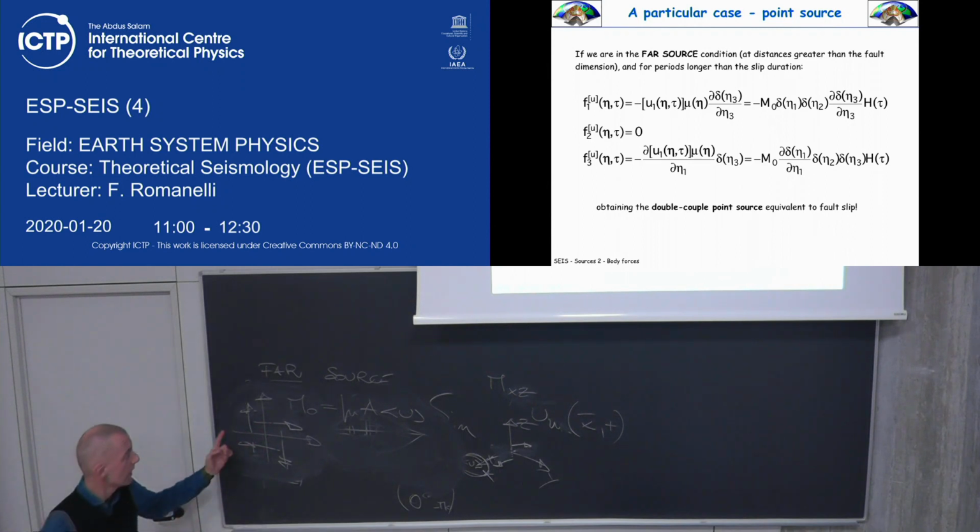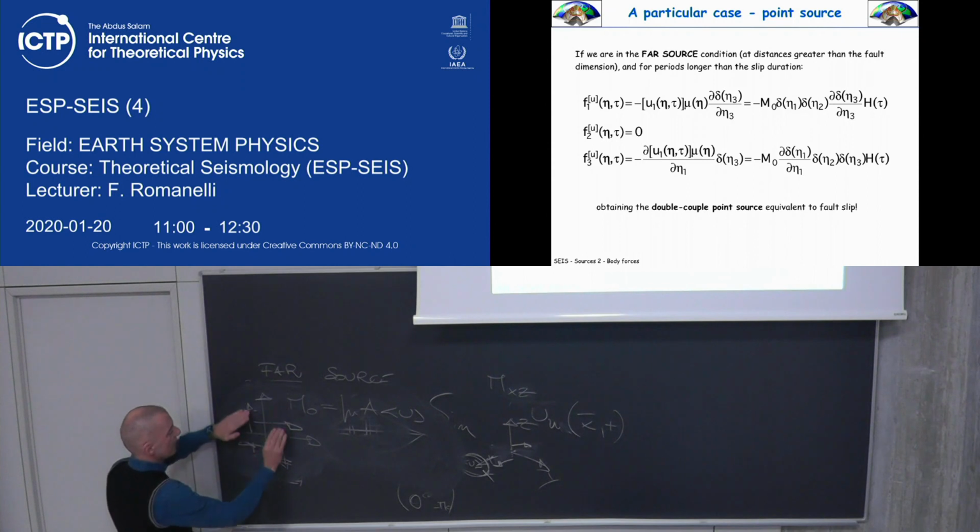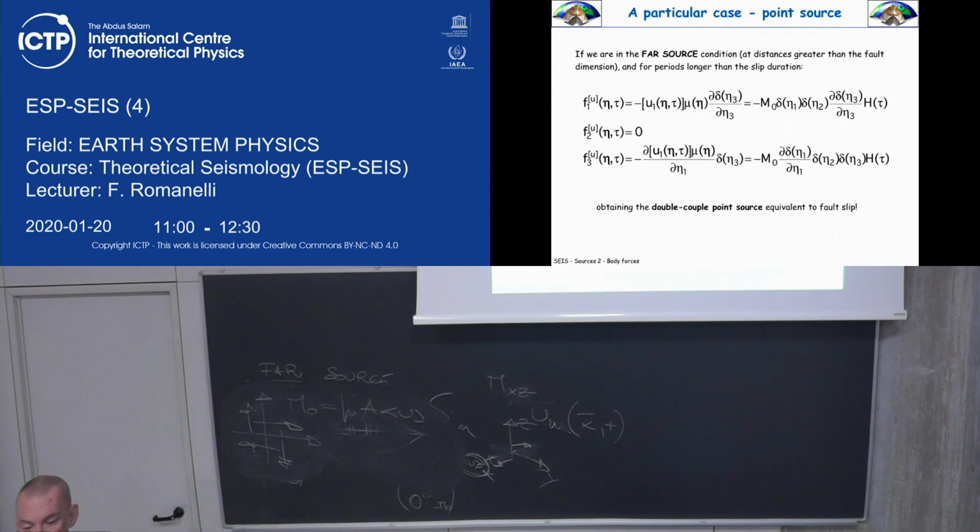And M0 is the moment of this and of this, plus, minus. Why is it called seismic moment? Well, it's representing a seismic source, and it is a moment. Force, area, area, area, force times displacement. So, it's Newton times meters.